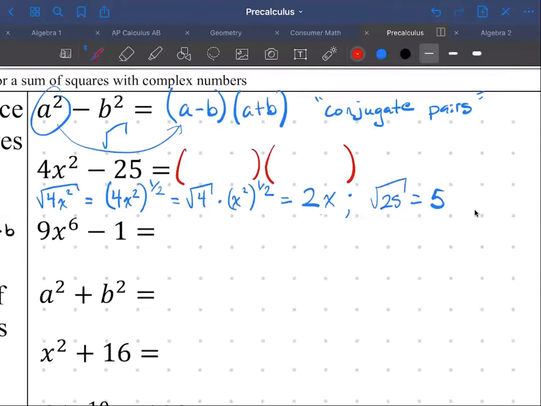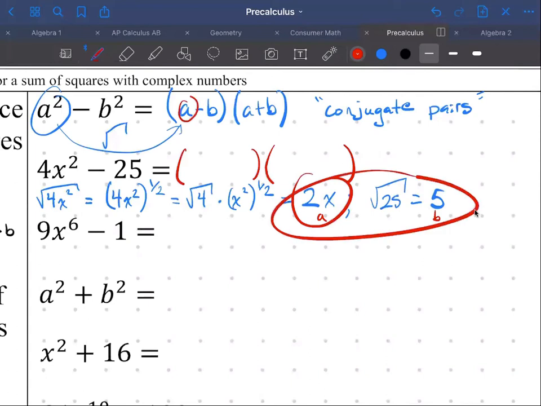This is our A, this is our B. What is our conjugate pair answer for factoring 4x squared minus 25? There's A, there's A. What am I plugging in here, guys? Basically just need to rewrite this with the correct sign in between.